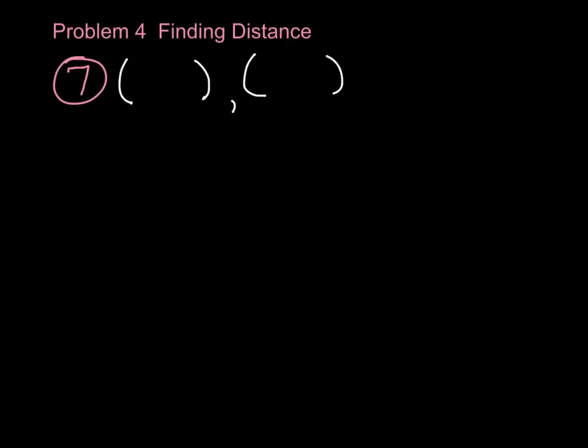Brookline is at the ordered pair (8, 2). Charleston is at the point (4, 5). So all we have to do now is use the distance formula.